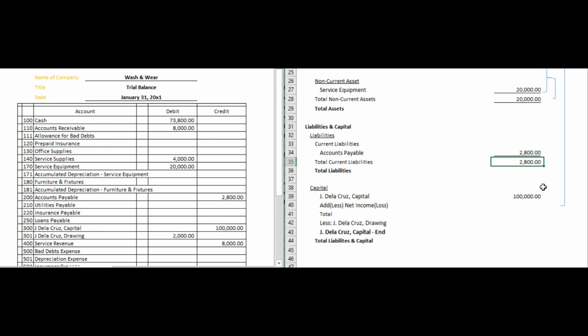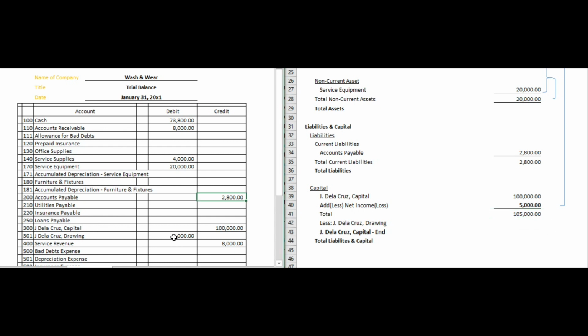Kulaan natin. Ayan. Next, yung formula dito, DJ De La Cruz Capital, add net income, pero pag loss, i-less natin. So, yun yung formula niya. Actually, ito. Total, ayan. So, that is net income. Total would be 105,000. Okay? I-less natin yung drawing.